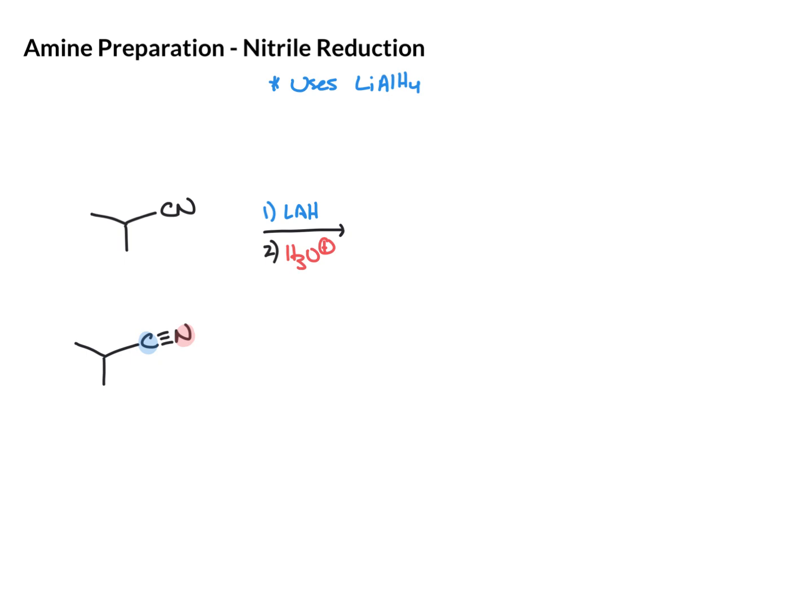So in the product, that carbon gets 2 new hydrogens added to it. Here's the bond to the nitrogen. And that nitrogen ultimately picks up its 2 new hydrogens from your aqueous or acidic workup reagent. So that donates protons to get to NH2.